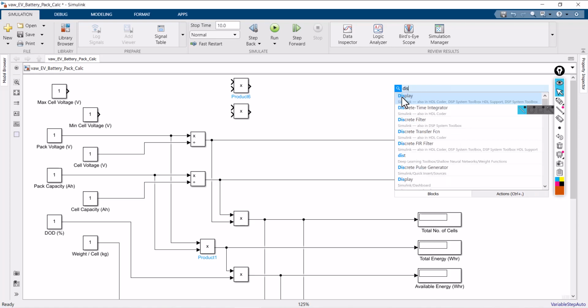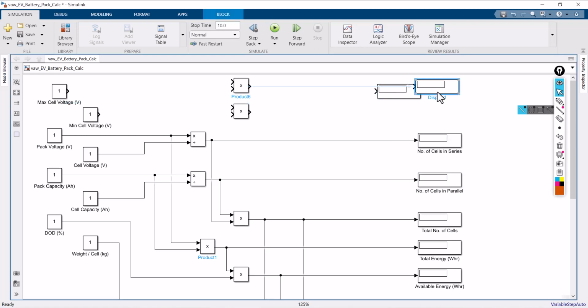Let me take a display for maximum operating voltage, that is maximum pack voltage, and minimum pack voltage.